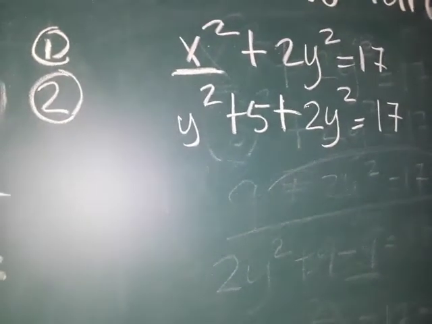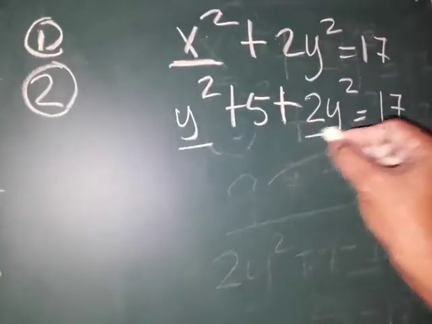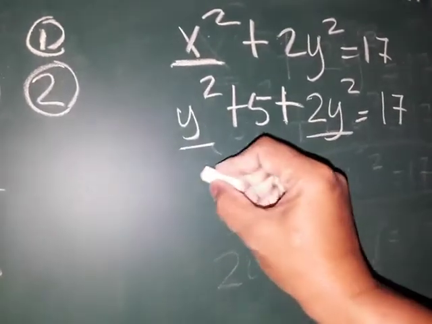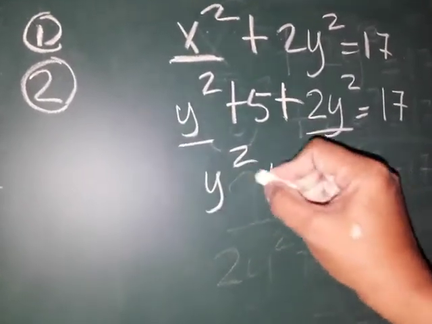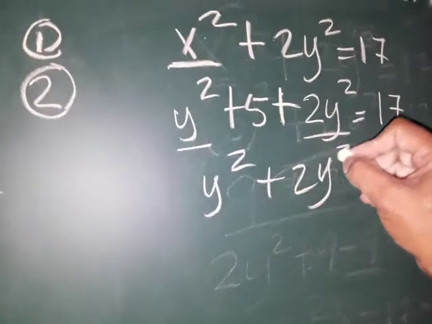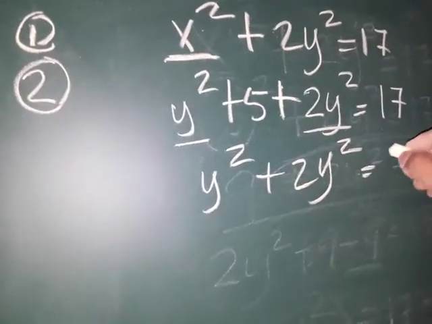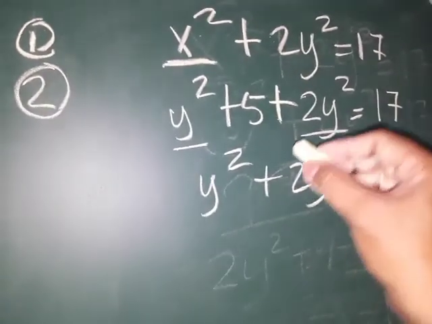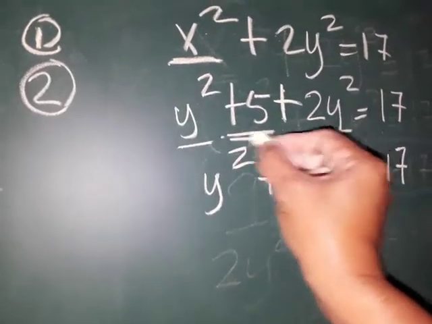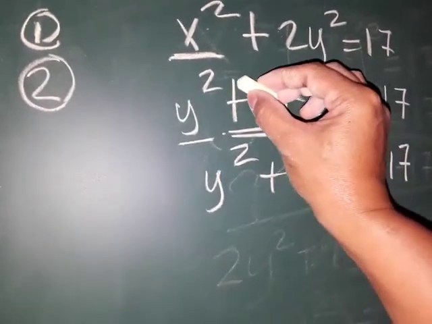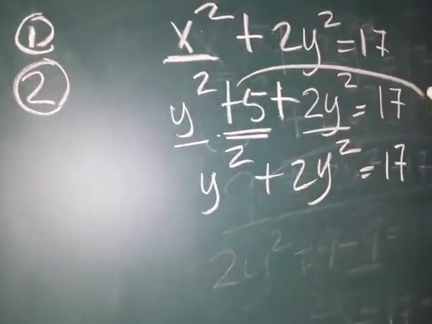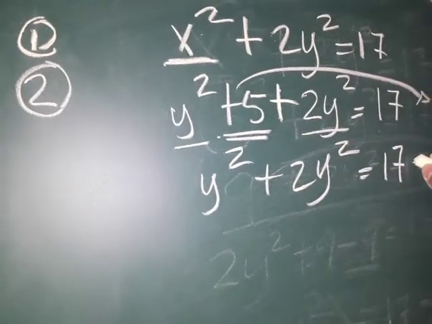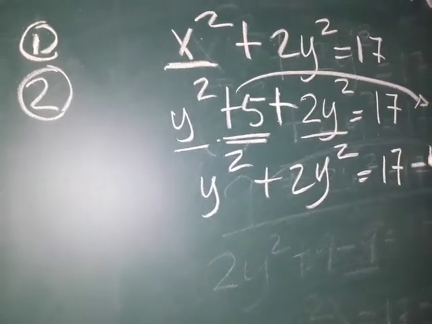Next, combine like terms. We have y squared and 2y squared. So, y squared plus 2y squared is equal to, copy 17. This positive 5, transpose over the equal sign, it becomes negative 5.